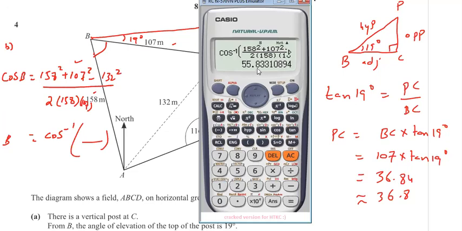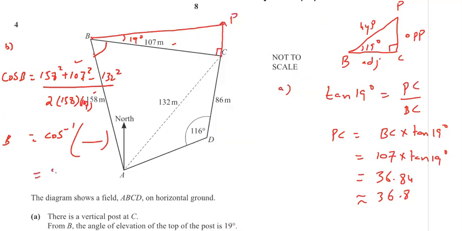So it is 55.83 degrees. So B is equal to 55.83, which you can round to 55.8 degrees. So we found the angle B also.